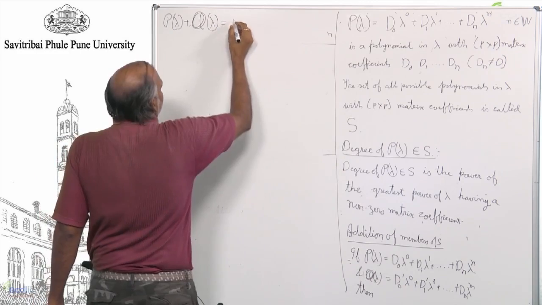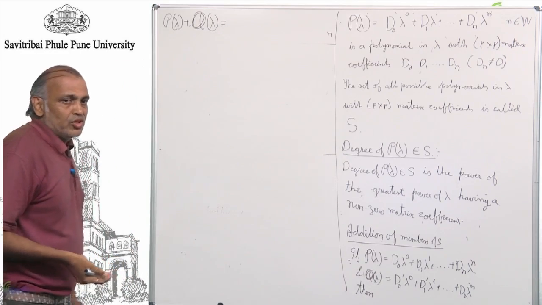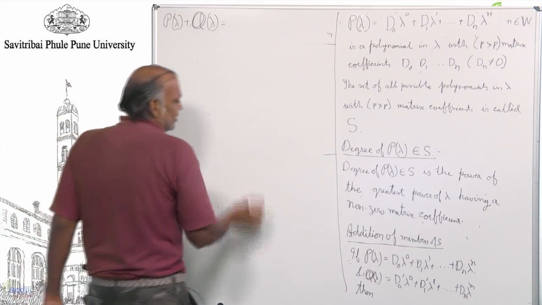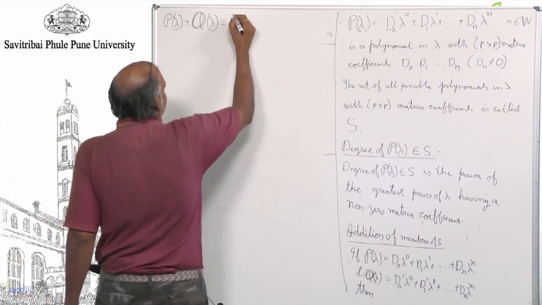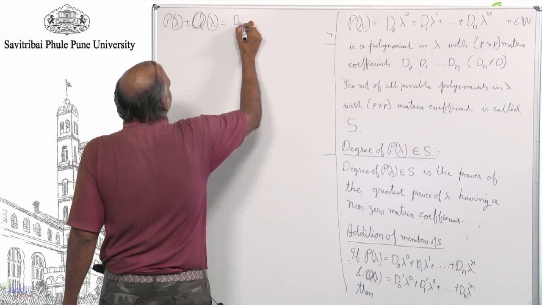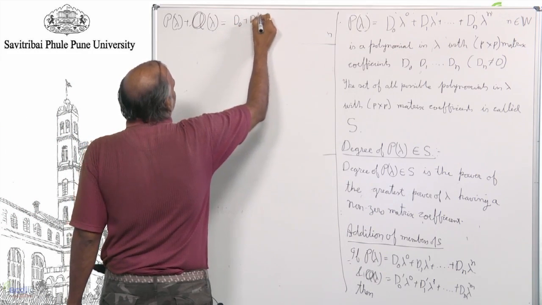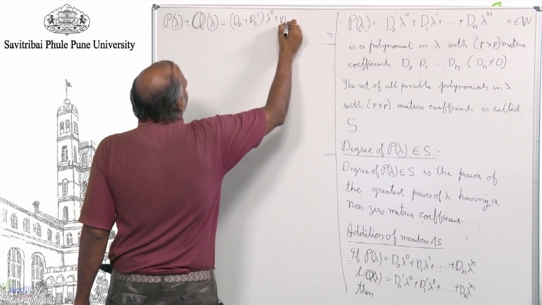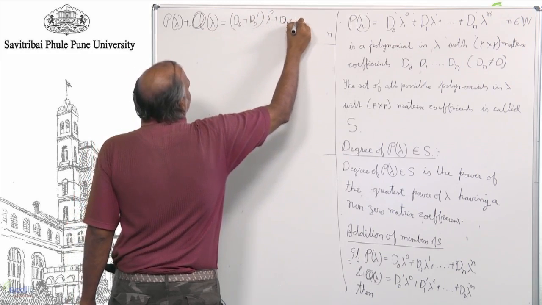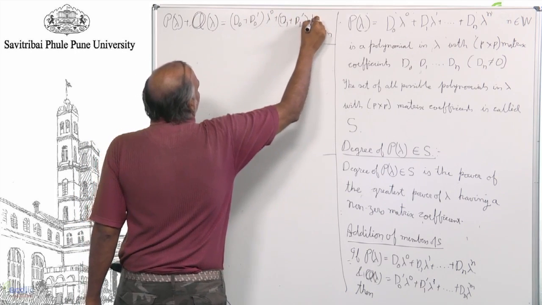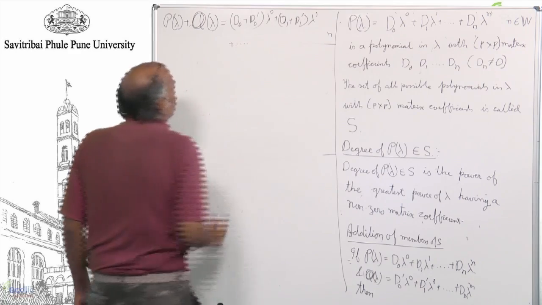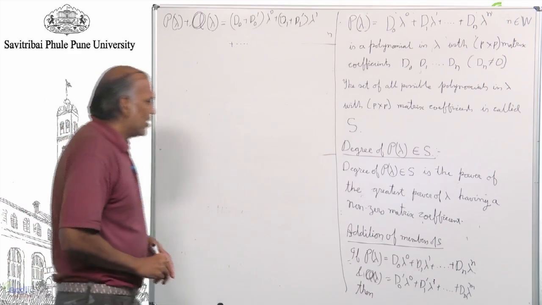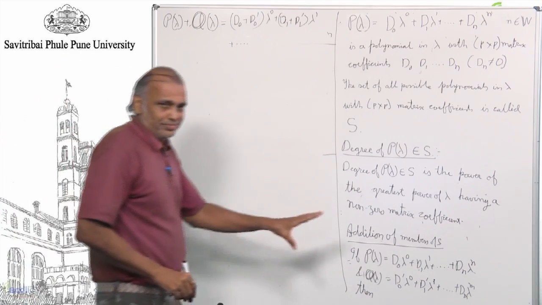It is defined as follows. That also will be a member of S, so that also should be a polynomial in lambda with matrix coefficients, created out of these two sets of matrices: d0 plus d0 dash lambda to the power 0 plus d1 plus d1 dash lambda to the power 1 plus, as long as you have entries on both sides. But somewhere you might fall short.